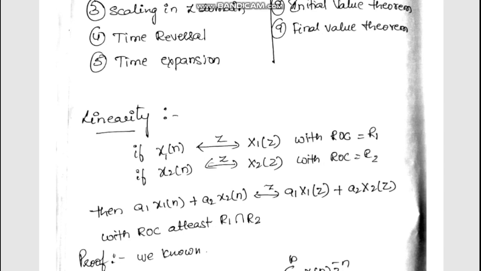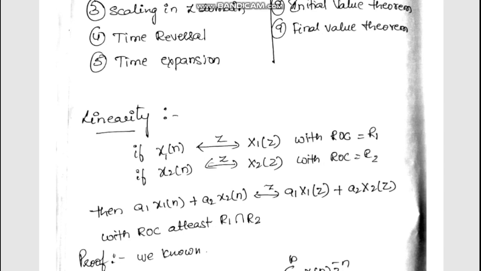Now these two signals we are going to add up. While adding, we take a1 into x1 of n plus a2 into x2 of n. a1 and a2 are called weighting factors.